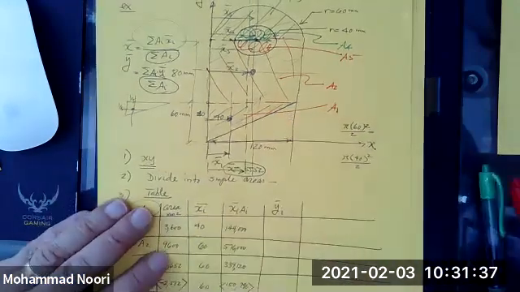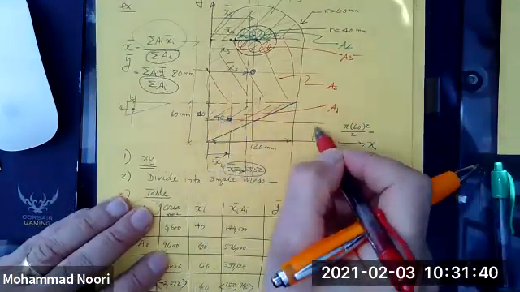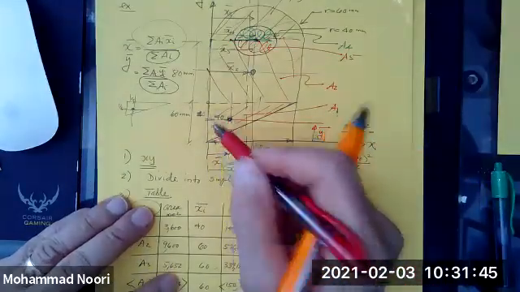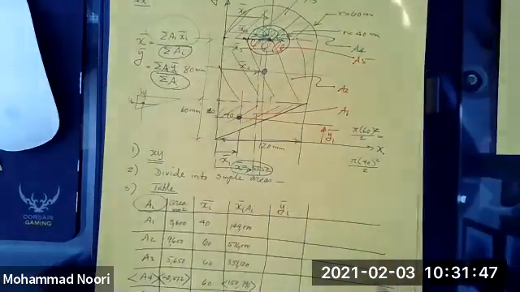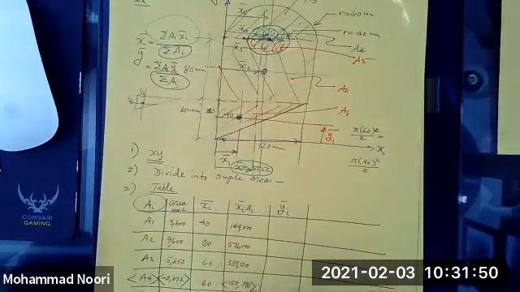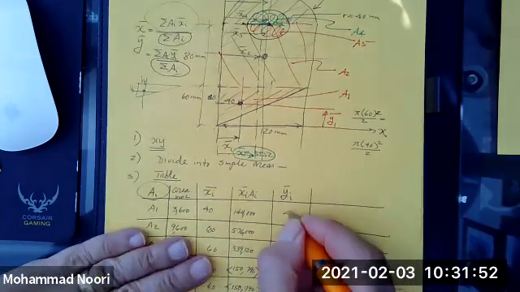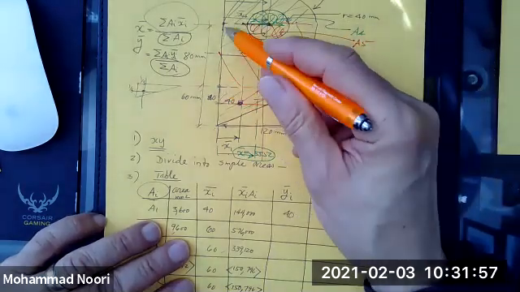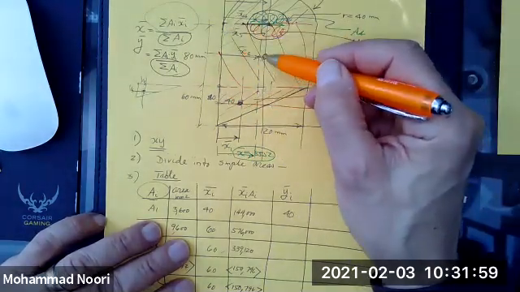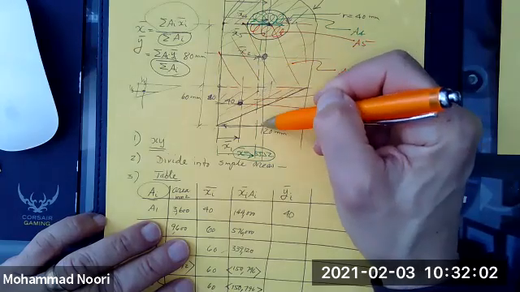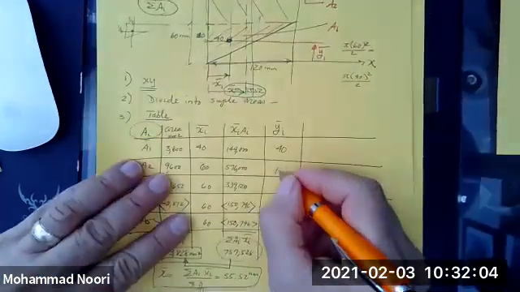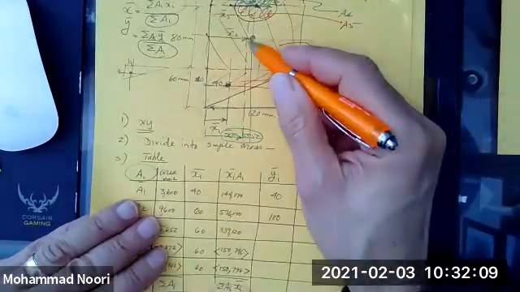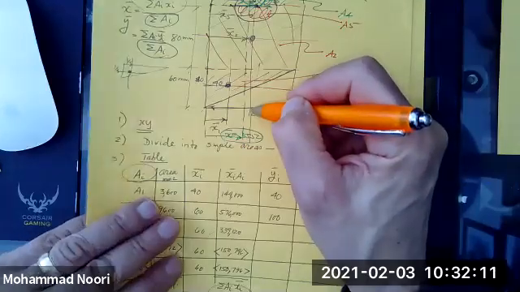This is, for instance, Y1 bar, which is how much? 20 minus 60, so that would be 40. How about for this rectangle? This is 80. So this is 40, right? And this is 60. So it would be 100. Distance from the centroid of this rectangle to the x-axis would be 40 plus 60, which is 100.